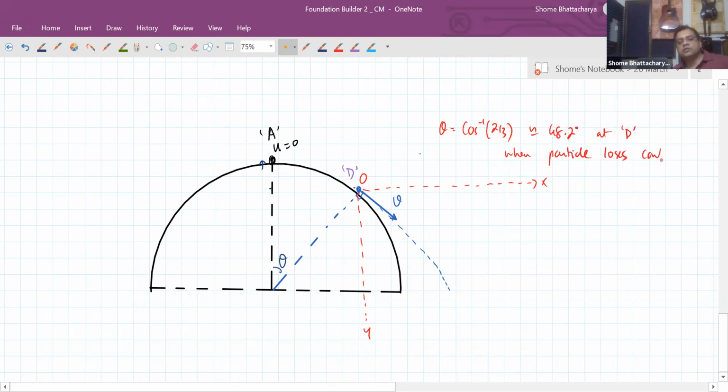Okay. So further you can see that over here this angle is also theta. So that speed v, which was 2gr into 1 minus cos theta, will become square root of 400 into 1 minus 2 by 3, using this value.